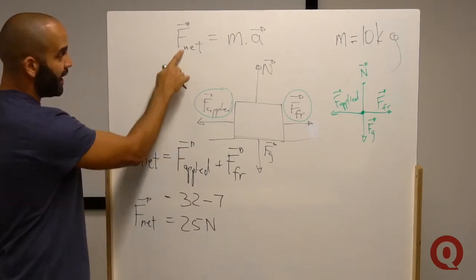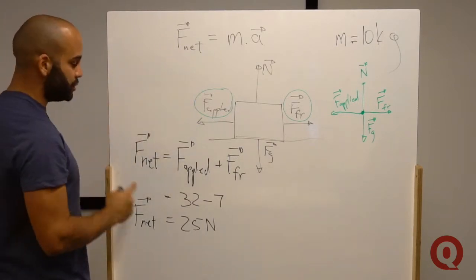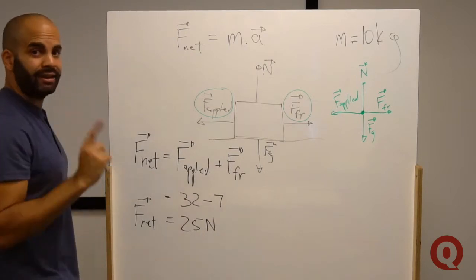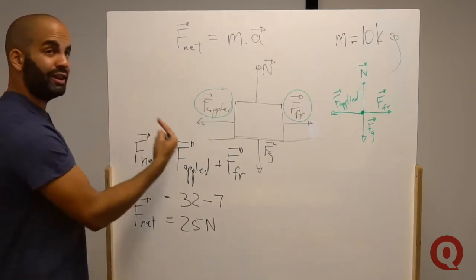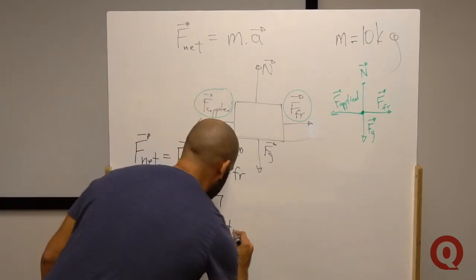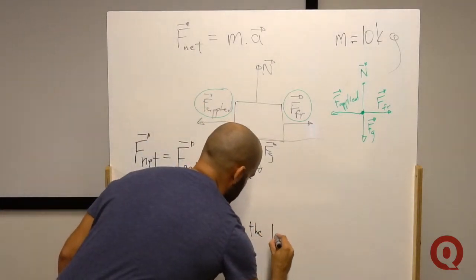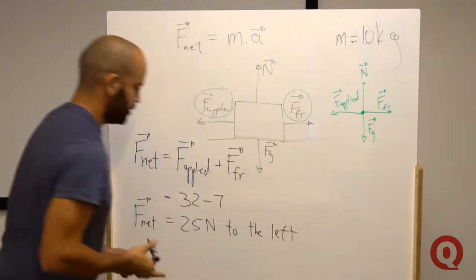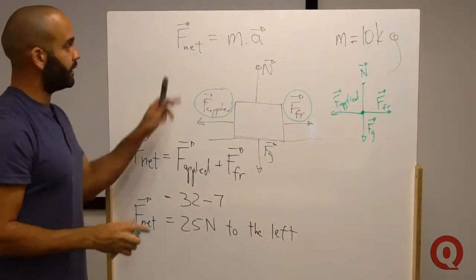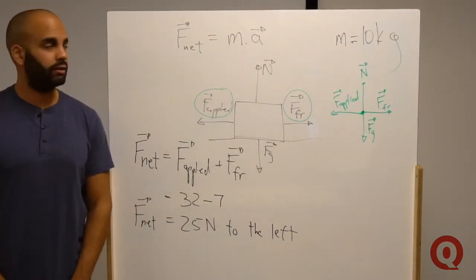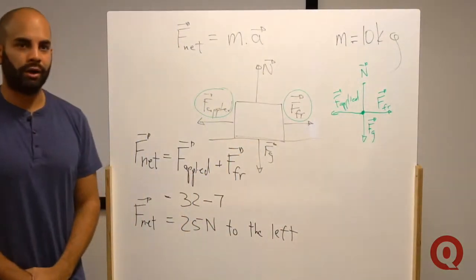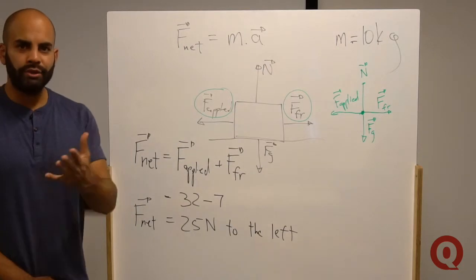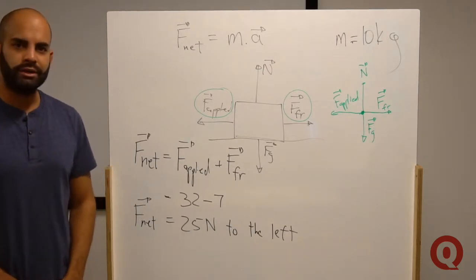Remember, F net is a vector, which means you've got magnitude and direction. So F net is to the left. So you found F net. Great. You know what the mass is because they've given it to you as a 10 kilogram block. Are we able to now find the acceleration of the block?